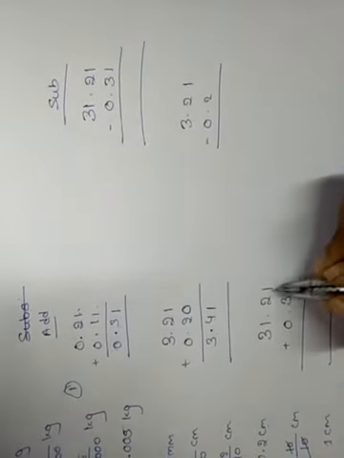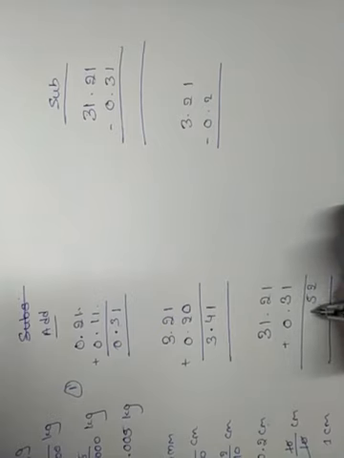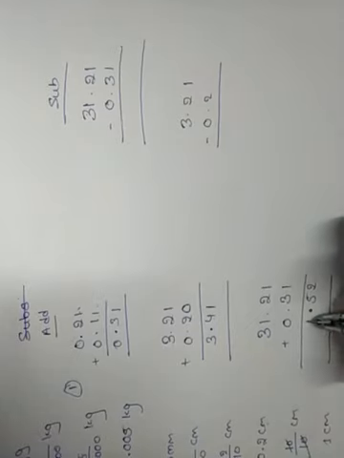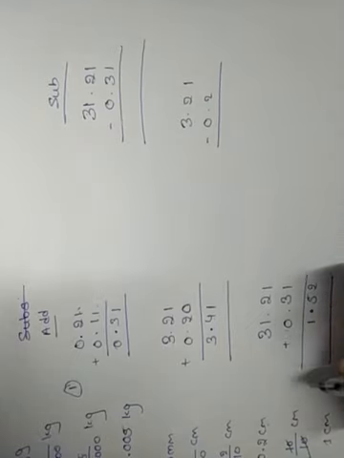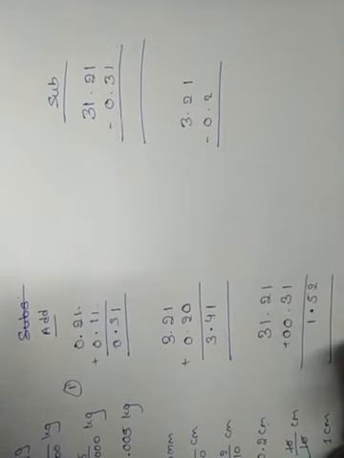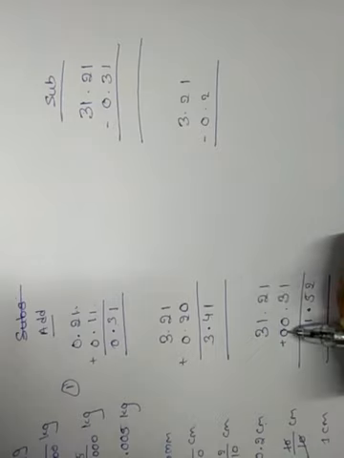And this also, 1 plus 1, 2, 2 plus 3, 5, immediately the decimal point. 1 plus 0, 1, and here there is again no digit present, so we can take a 0 for addition convenience. 3 plus 0 is again 3 only. Thus we got 31.52.